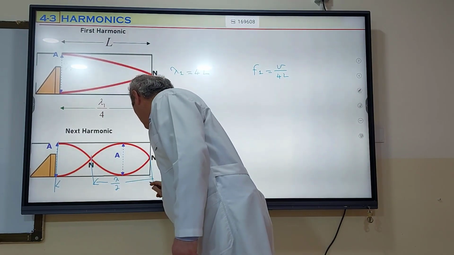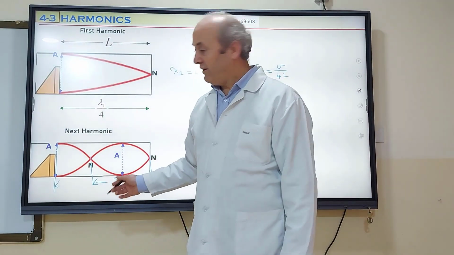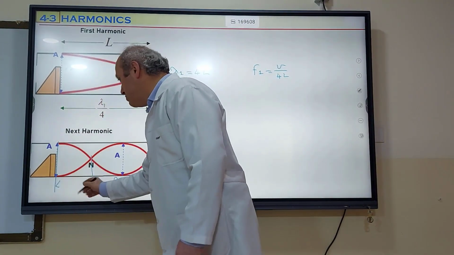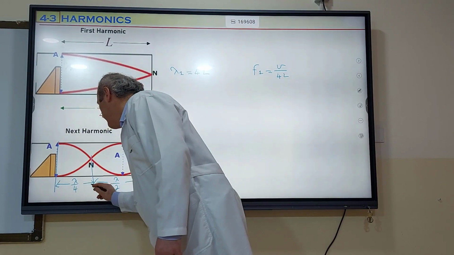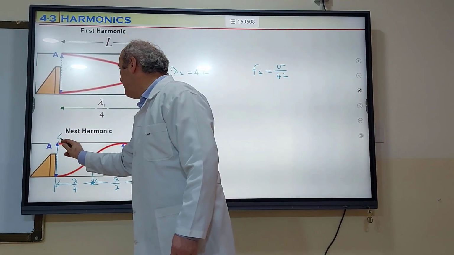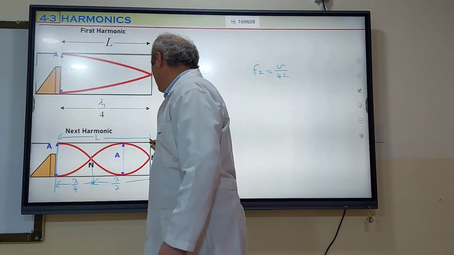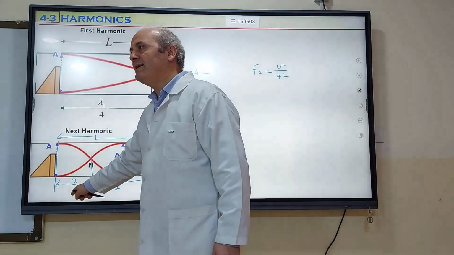I don't know which harmonic this is, I will find at the end. From end to node, lambda over 4. The length of the pipe this time is equal to lambda over 2 plus lambda over 4.